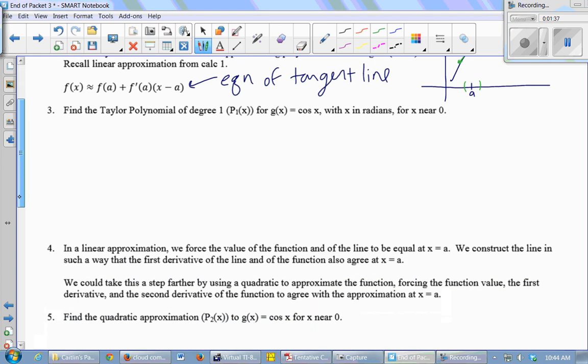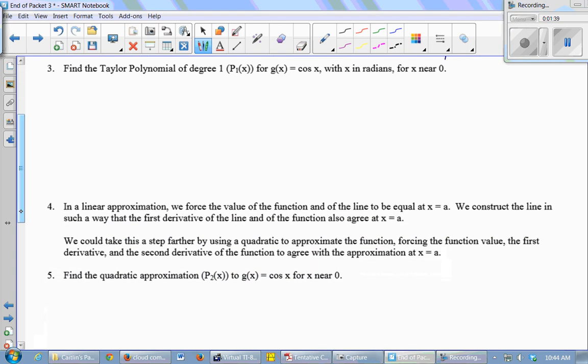Okay, so I want to find a first degree Taylor polynomial. That just means the equation of the tangent line, a linear approximation, for cosine x. Right, so it's always good to draw a picture of what you're looking for before you start. So here's cosine x. And I want an equation of the tangent line at 0.